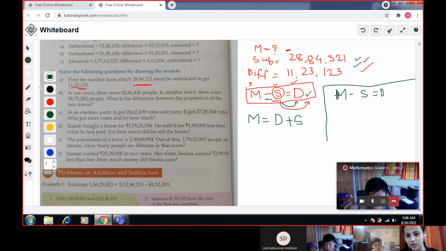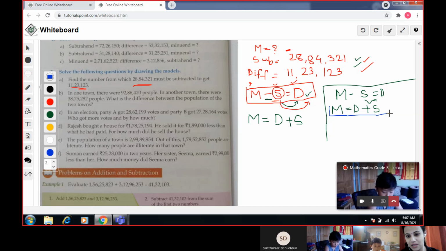When we have to find the minuend, whatever thing we want to find, we write on one side of the equals sign. So to find the minuend, I will write it on the left side of the equals sign, then put the equals sign. After equals there is D, and I will write D as it is. Now when S goes to the right side of the equals sign, the sign will change. Here is the sign of minus, it will become plus and then S. This is the first way. Let us see the second way.